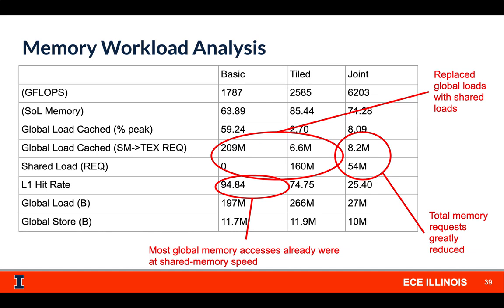Both the basic and tiled matrix multiplications have about the same number of bytes coming from the device memory, coming from the global memory, because in the tiled matrix multiplication they tend to come from the shared memory, and in the basic matrix multiplication they tend to come from the cache. So it's only the joint matrix multiplication where we're actually reducing the demands on the memory system, which is where most of the performance comes from.